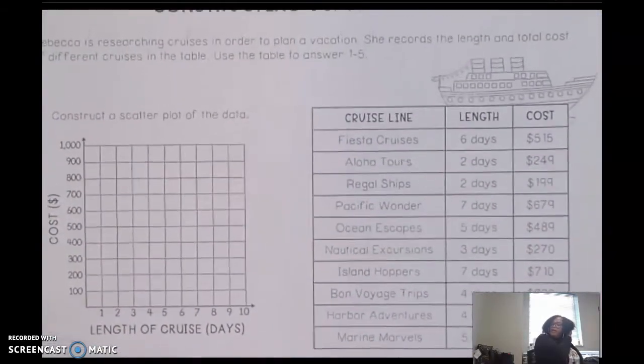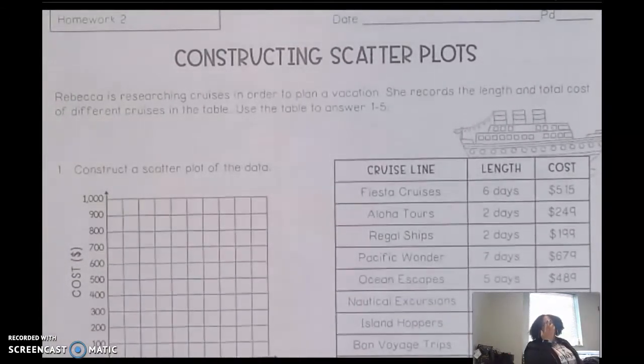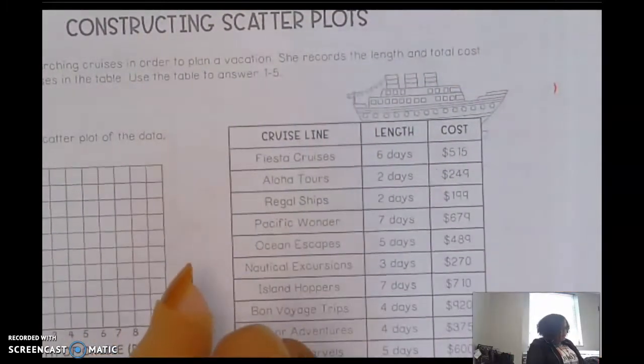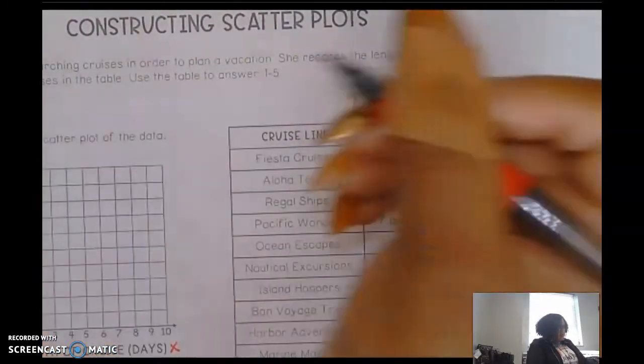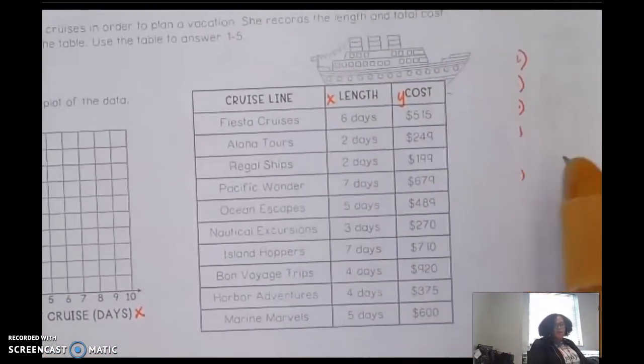Here you are going to read the instructions. It says constructing scatter plots. Rebecca is researching cruises in order to plan a vacation. She records the length and total cost of different cruises in the table. Use the table to answer 1 through 5. So the length is my X and the cost is my Y. These are going to be my coordinate points.